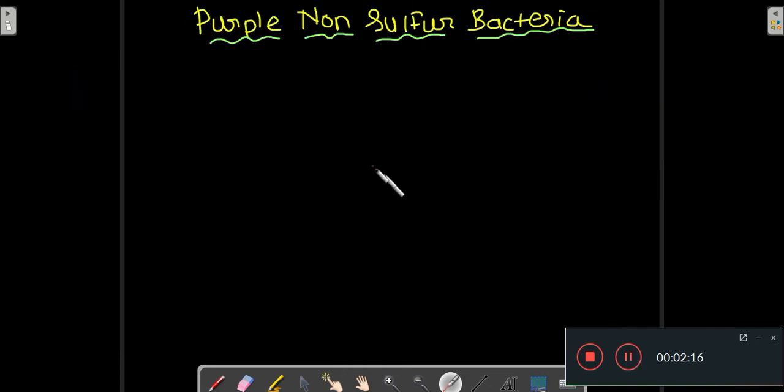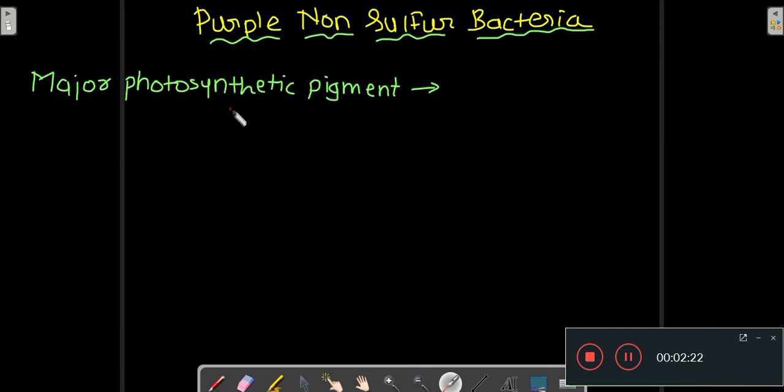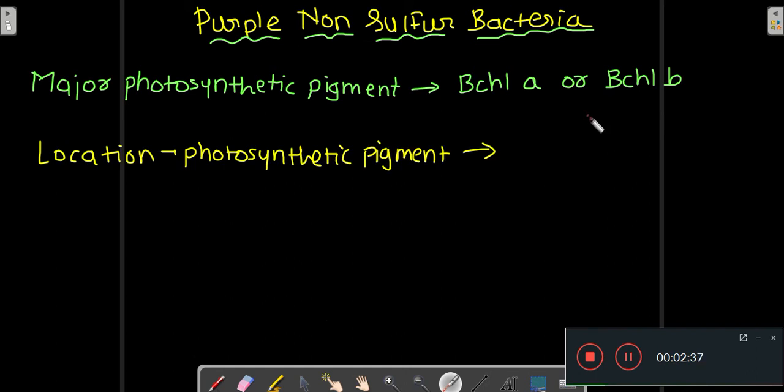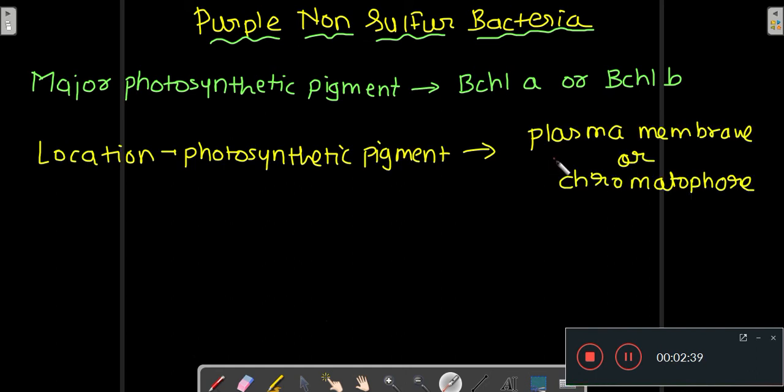Now let's look at the characteristics of purple non-sulfur bacteria. The major photosynthetic pigments found in purple non-sulfur bacteria are bacteriochlorophyll A or bacteriochlorophyll B. Then the location of the photosynthetic pigment is again either plasma membrane or chromatophore.